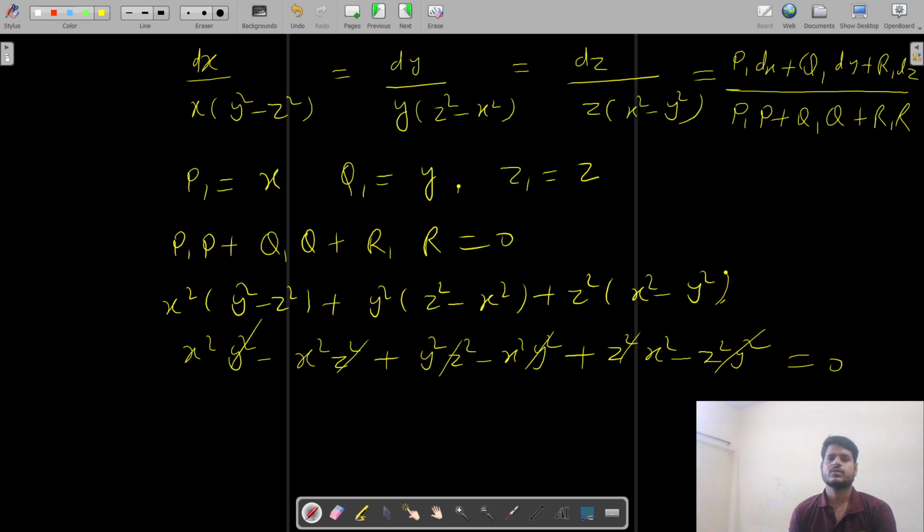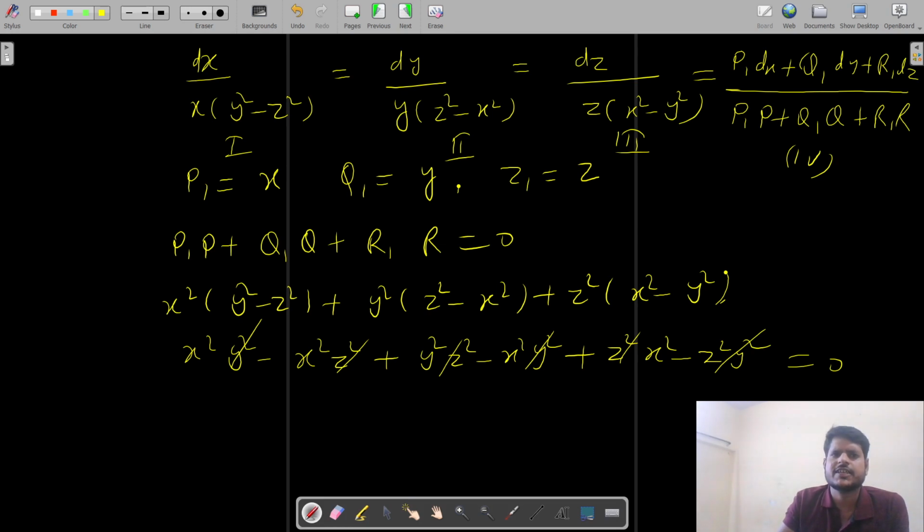And we know the value of P1P plus Q1Q plus R1R is equal to 0. So you can take the fourth expression. This is the first one, this is the second one, third one, and this is the fourth one. So there are four equations and we can take any two, right?